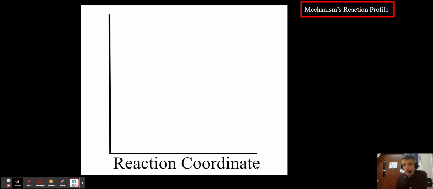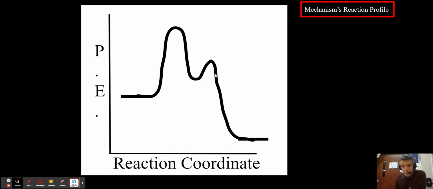Our x-axis is the reaction coordinate, as it says. Remember, it's not like a true x-axis. It's like a map through the reaction. You're charting potential energy. Here's what the profile is going to look like. These really should be straight down here and here. It's going to have a series of bumps, in various ways.